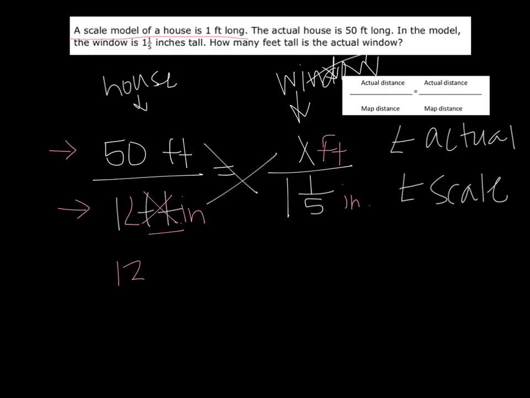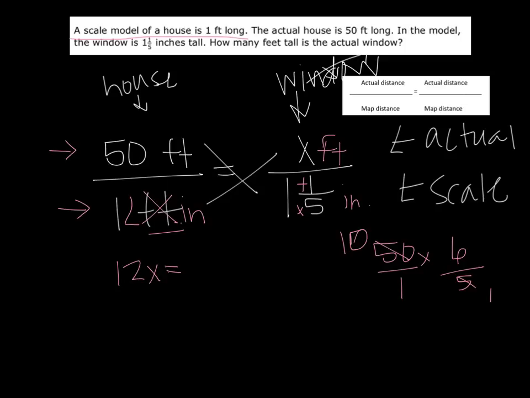Okay, but now we just have to find our cross product. So I would get 12x equals 50 times 1 1/5. Now if I circled up, 5 times 1 is 5, plus 1 more is 6/5. I could divide by 10, divide by 5 and get a 10. Divide by 5 and get a 1.